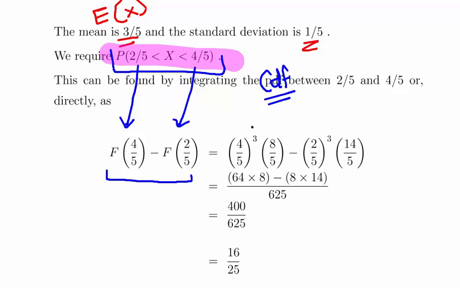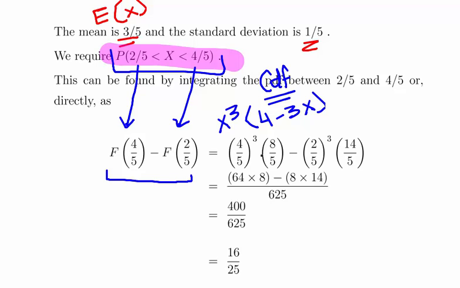The cumulative distribution of 4 over 5 minus the cumulative distribution of 2 over 5. So essentially, just working that out, x cubed in both cases is 4 over 5 cubed and 2 over 5 cubed, and times 4 minus 3x, and that works out to be 8 over 5 and 14 over 5 respectively. So for 4 over 5, the cumulative distribution function works out to be 4 over 5 cubed times 8 over 5.